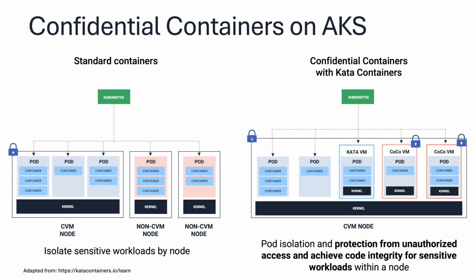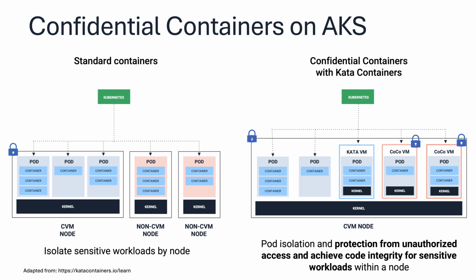On the left, you have a typical Kubernetes setup where multiple pods run on a node, and you use a node selector or node affinity setting to isolate and provision workloads on specific nodes. And this can be confidential VM nodes as well. But here we have to trust the hardware platform, Kubernetes control plane, OS, other apps, our own administrators, and our application.